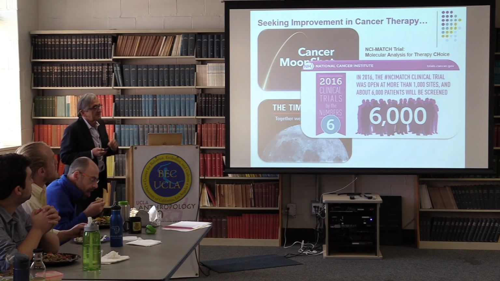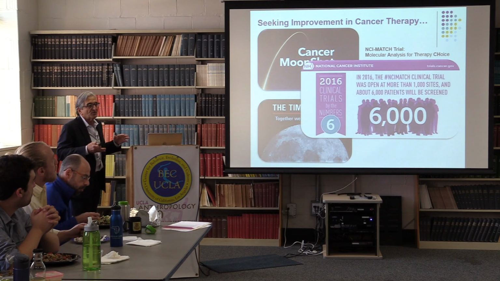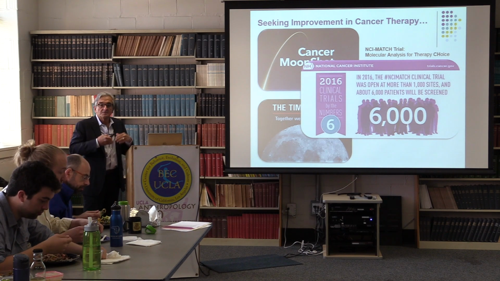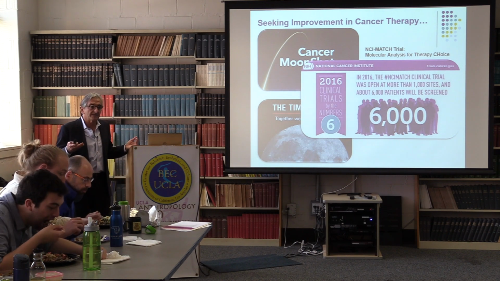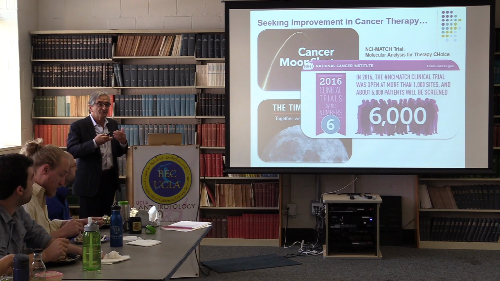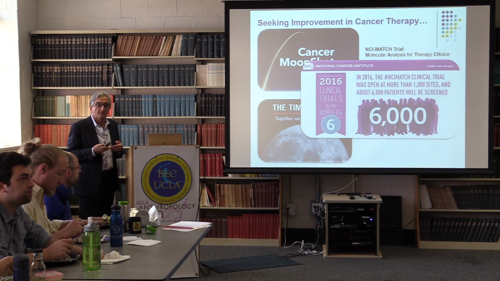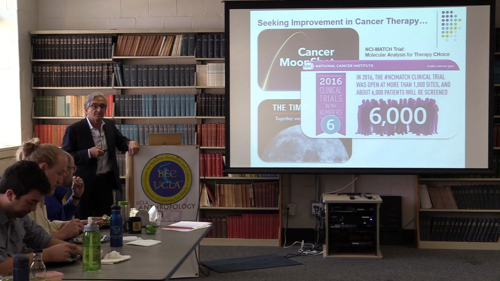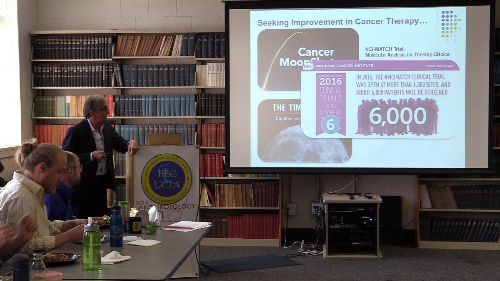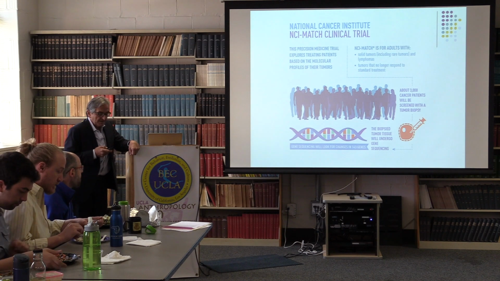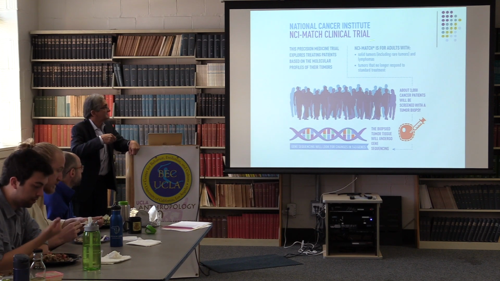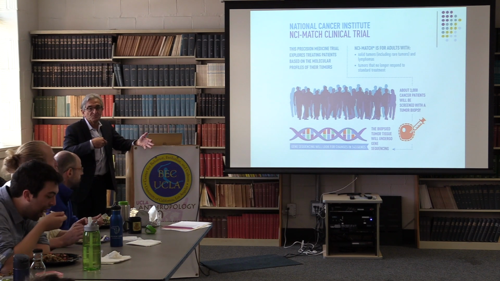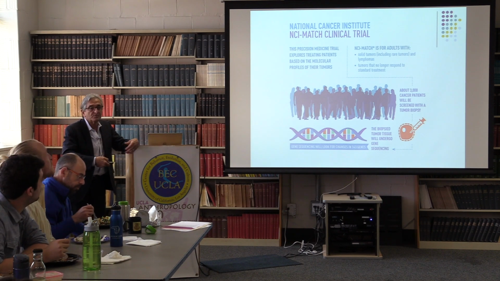And it began last year with the intent of enrolling several thousand patients with cancer so that their cancers could be genomically analyzed and a therapy applied to them based upon the genomic mutations in their particular cancer. That's the idea. The idea is that every patient who enrolls has a sample of their tumor sent in to the central laboratory.